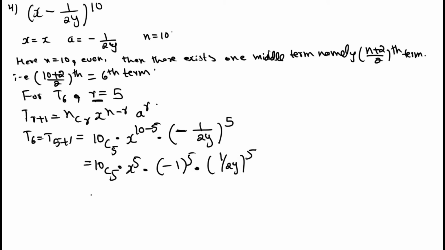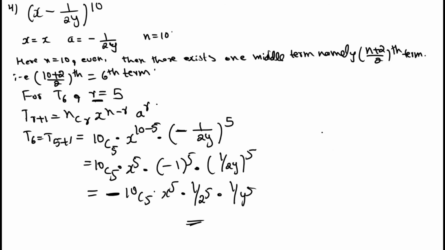Okay, so in the next step, minus 1 to the power odd number is equal to minus. So it's minus 10C5 into x to the power 5 into 1 by 2 to the power 5 into 1 by y to the power 5.